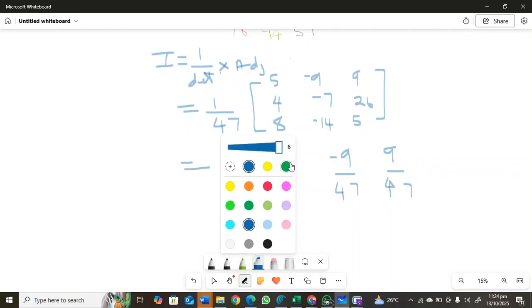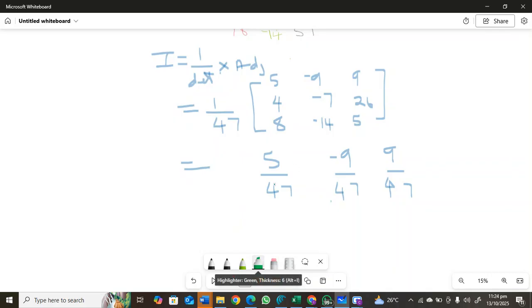The next one, 1 over 47 times 4, 4 over 47. 1 over 47 times negative 7, that is negative 7 over 47. 1 over 47 times 26, this is 26 over 47.